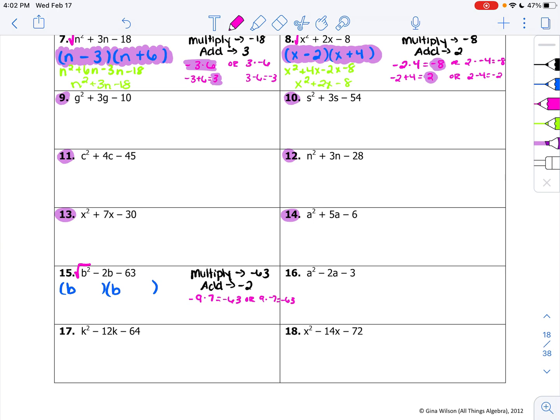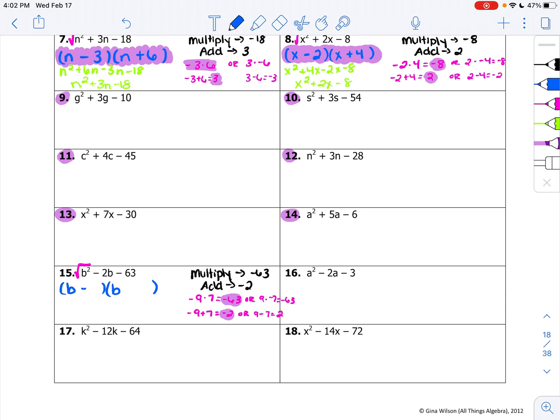When I combine them, negative 9 plus 7 is negative 2, or 9 minus 7 is a positive 2. Remember, we want the combination that gives us negative 63 and negative 2, which is the combination of negative 9, positive 7.